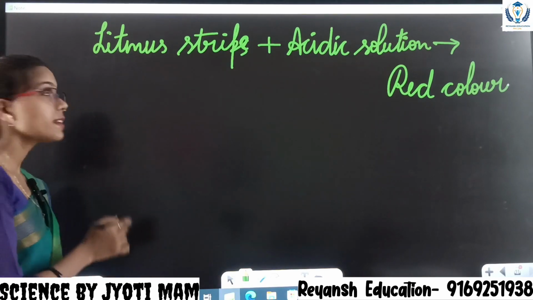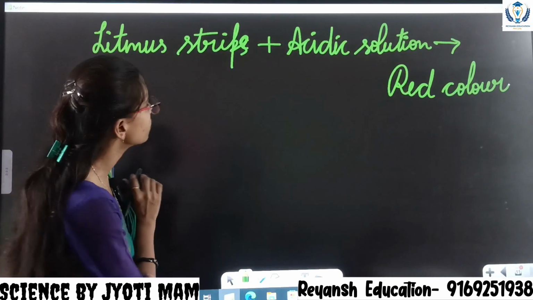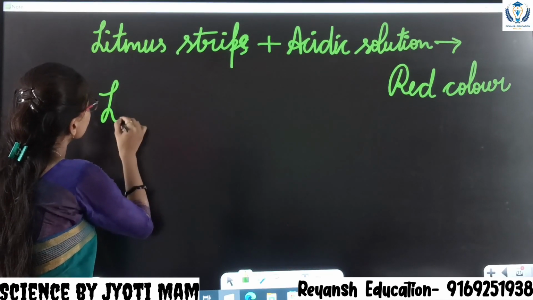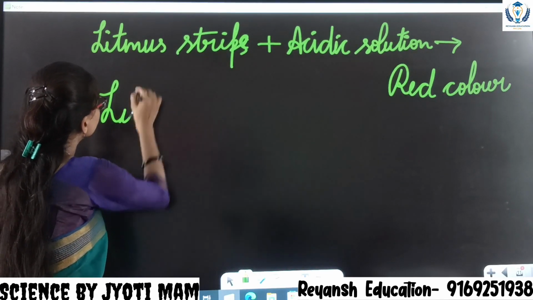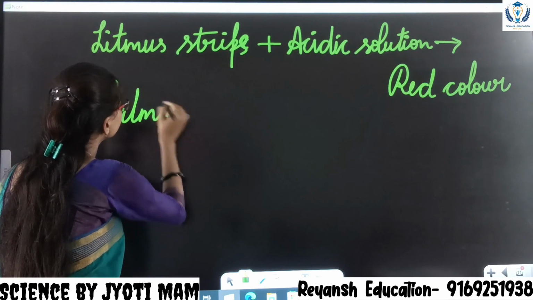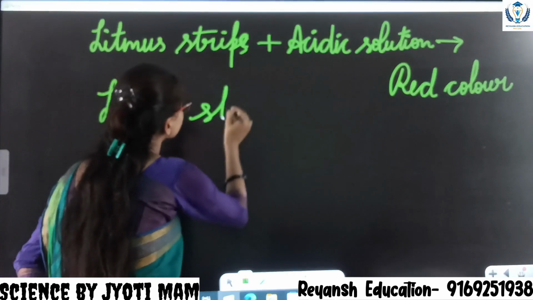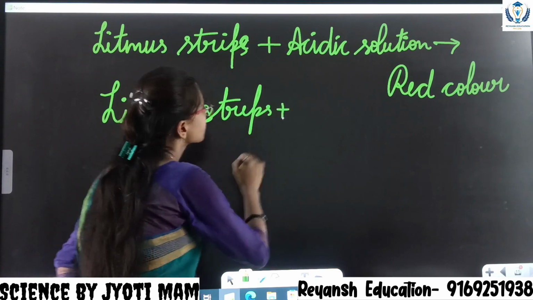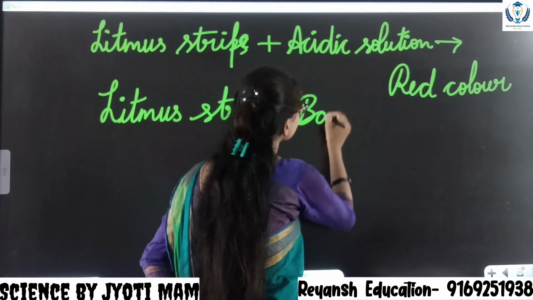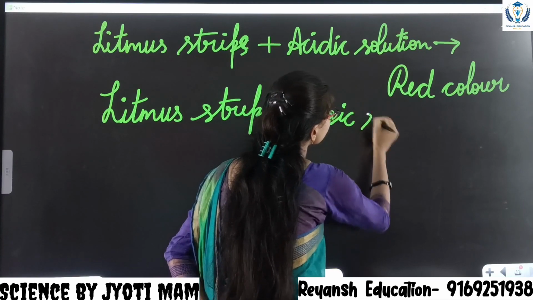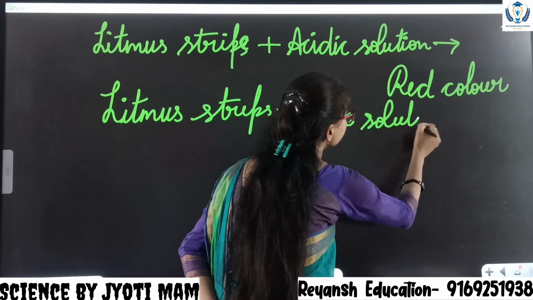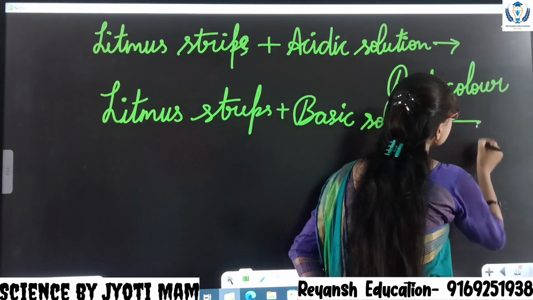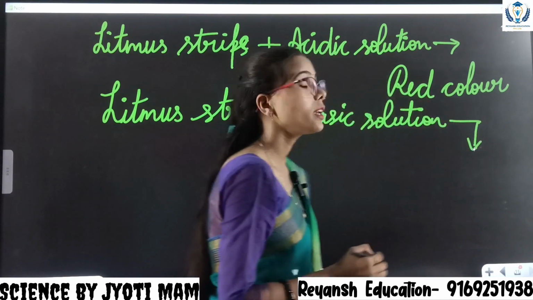Next, if the given solution is basic in nature, then after dipping the litmus strip into that solution, the litmus will turn into the blue color.